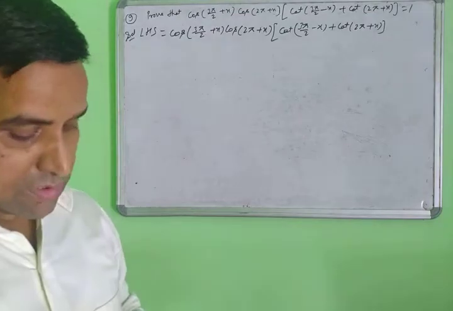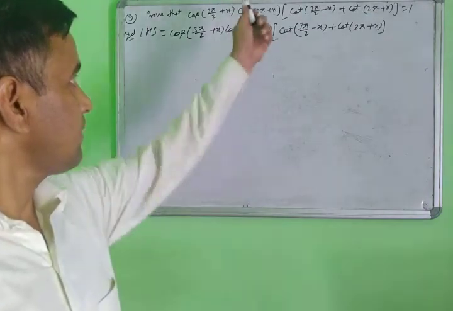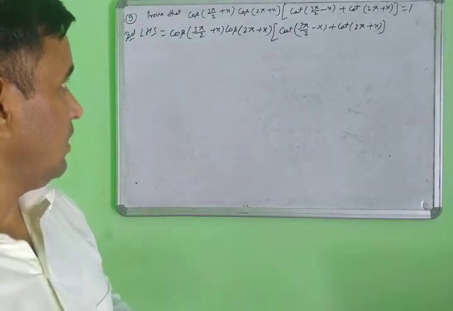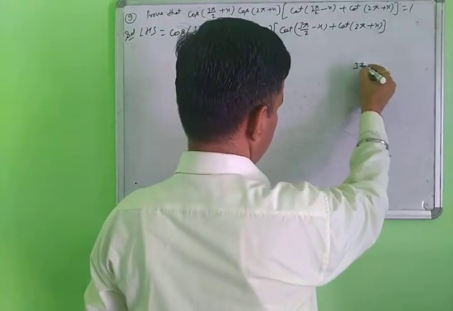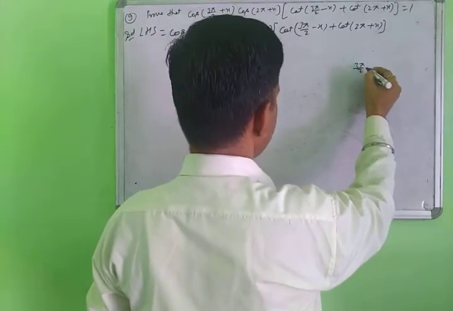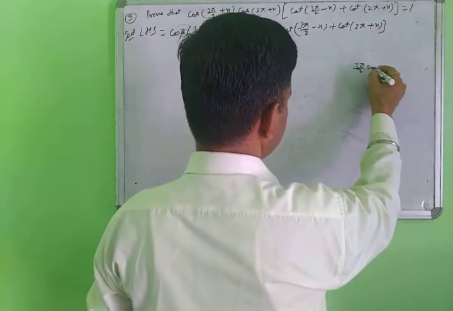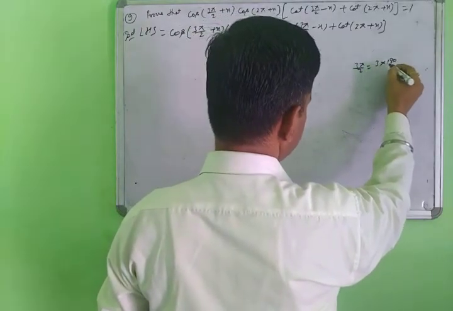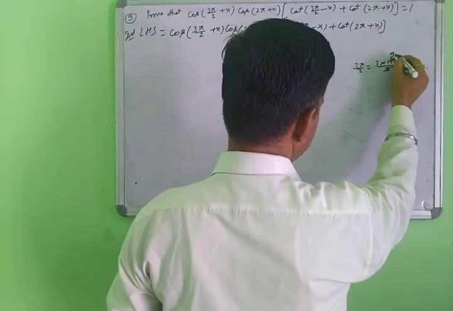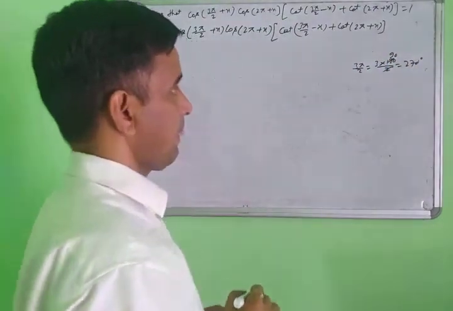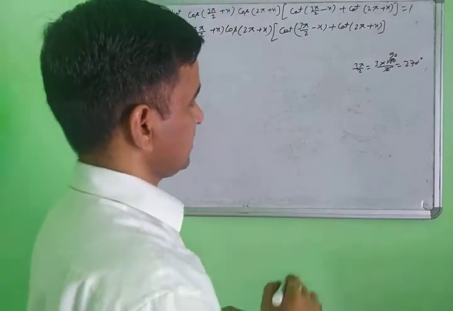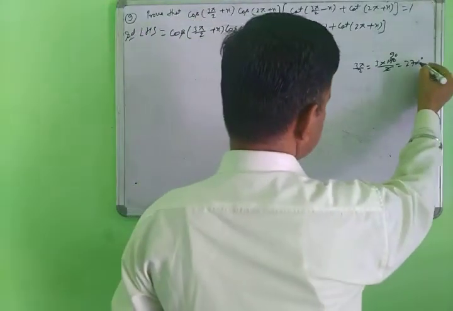Before solving this question, let me discuss with you what the value of 3π/2 is. 3π/2 means 3 into 180 upon 2, which is 3 into 90, so it is 270 degrees. This is the third quadrant.